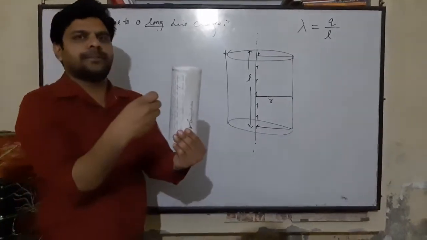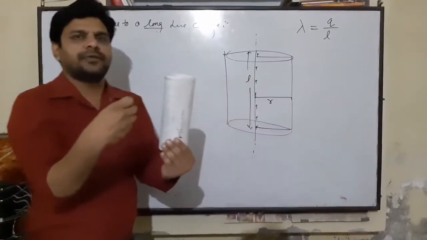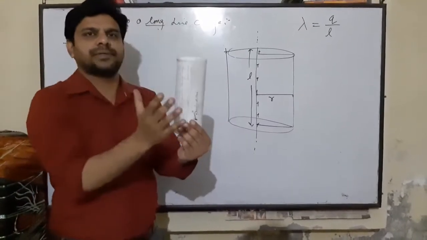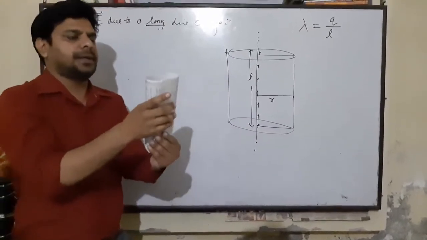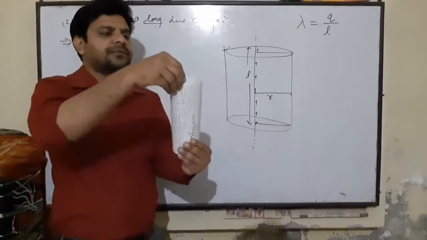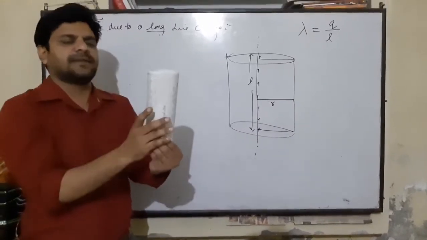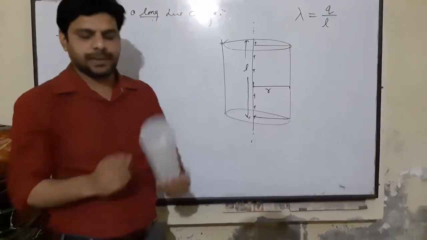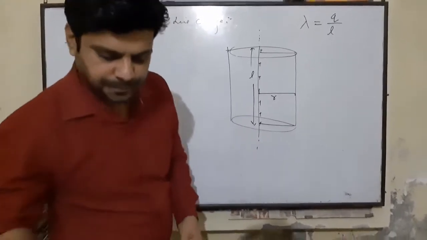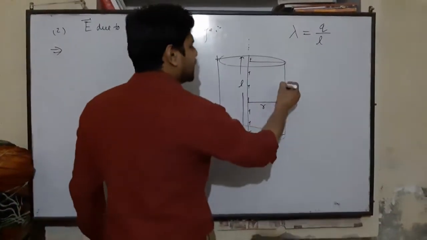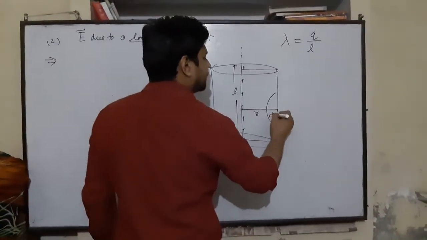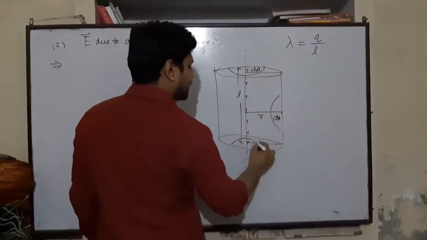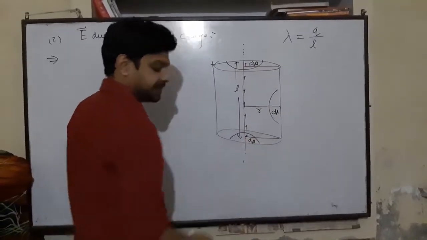When we apply Gauss law, we have to find the total flux passing through this closed surface, that is, through all three surfaces. Consider a small area element dA on this surface and dA on this surface.